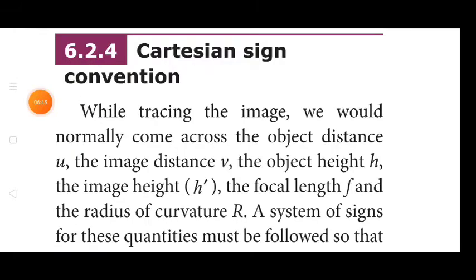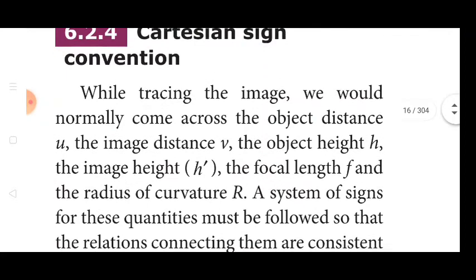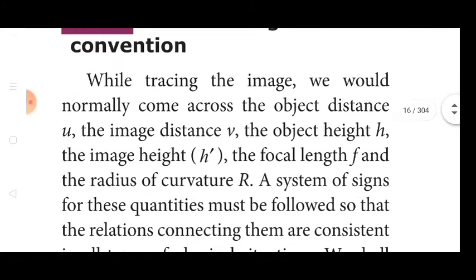Students, our next topic is Cartesian sign convention. While tracing the image, we would normally come across the object distance u, the image distance v, the object height h, the image height h dash, the focal length f, and the radius of curvature r.